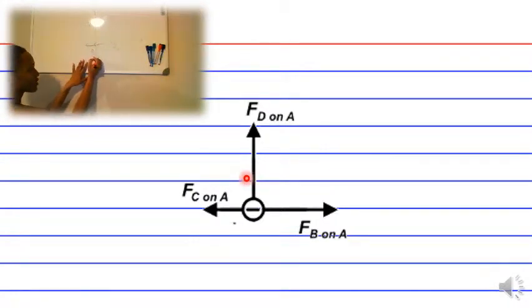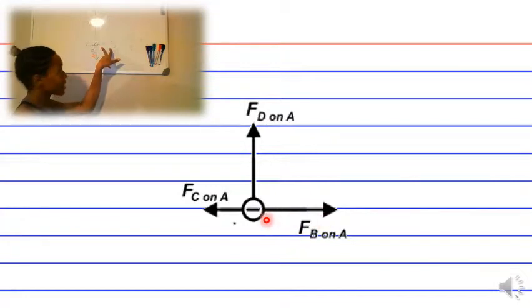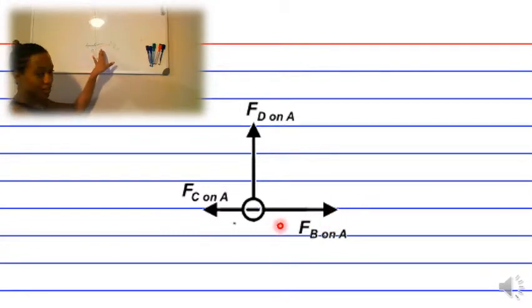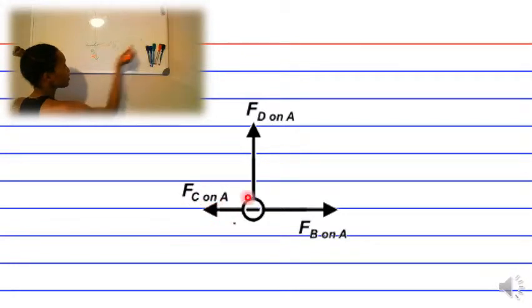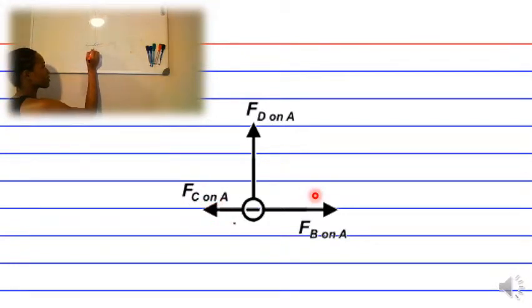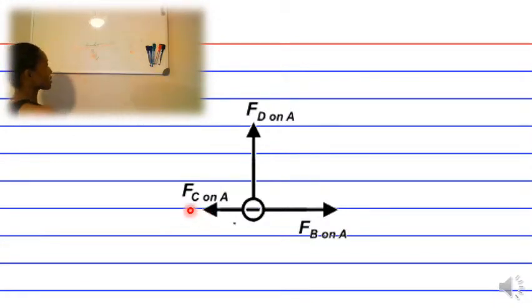So here we have the charge of interest, QA, and because QB is a positive charge, it makes sense that A would be attracted to B, to the right. So the force vector points in the positive rightward direction. And because C is a negative charge, the resultant force is in the negative or leftward direction, because like charges repel, so the force is going to be repulsive.